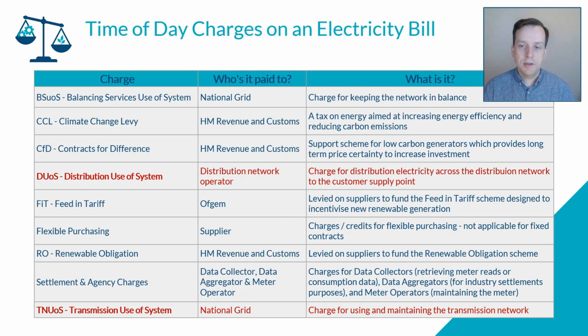So transmission, distribution, and these are the charges that pay for their business operations at transmission and distribution level. And these are time of day charges, so depending on when you use electricity will reflect the amount of actual money paid.